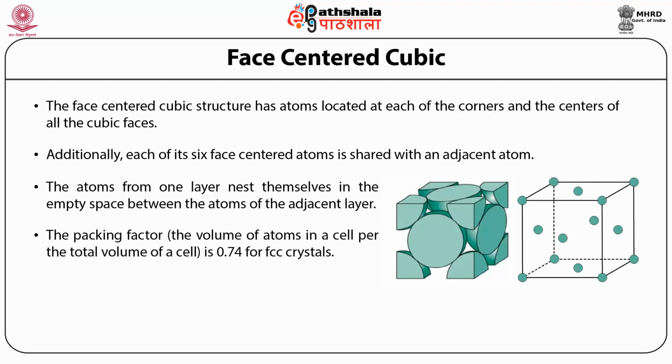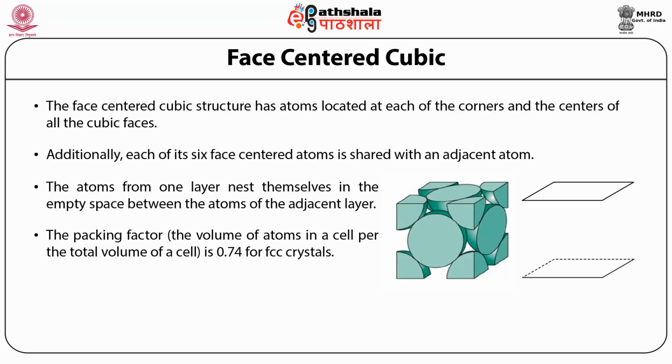The packing factor, which is the volume of the atoms in the cell per the total volume of the cell, is 0.74 for an FCC crystal. Some of the metals that have the FCC structure include aluminium, copper, gold, iridium, lead, nickel, platinum and silver.